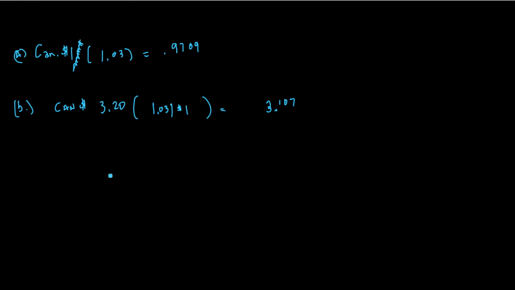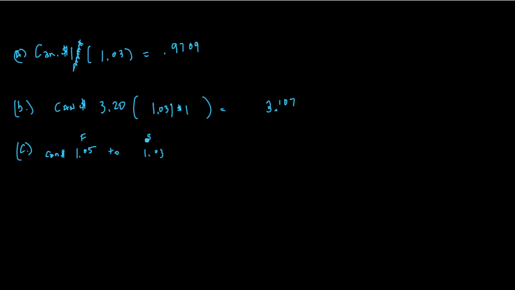Let's look at C. C says, is the US dollar selling at a premium or a discount relative to the Canadian dollar? The US dollar is selling at a premium because it's more expensive in the forward market than in the spot market. We compare 1.05 Canadian dollars, which is the forward, to 1.03 in the spot market.